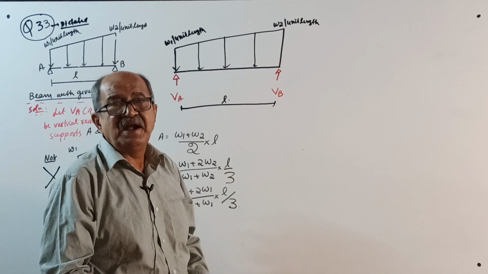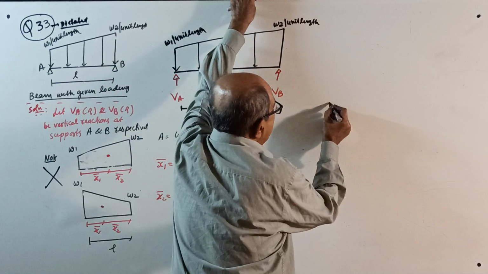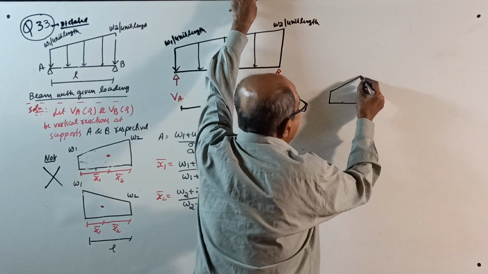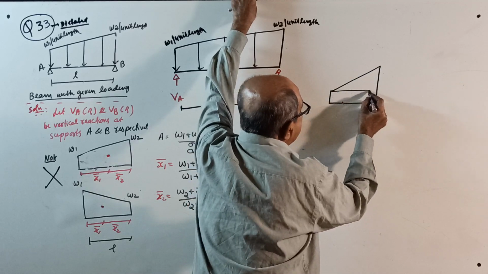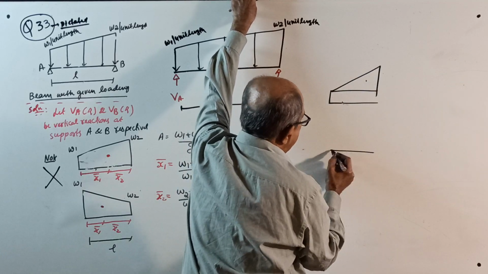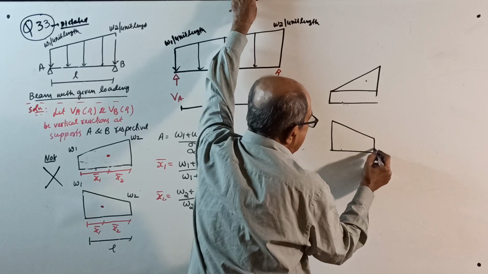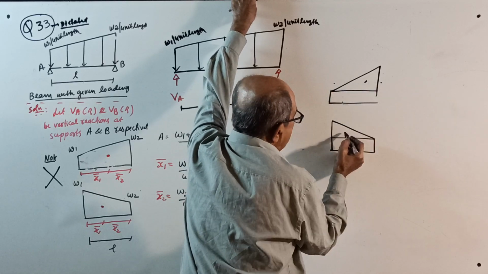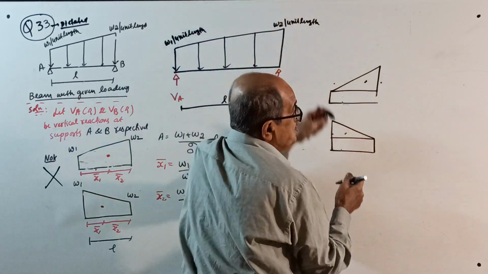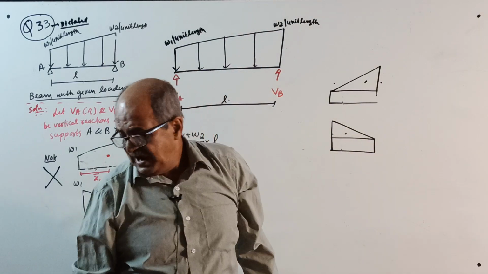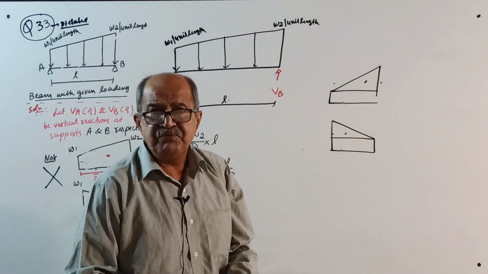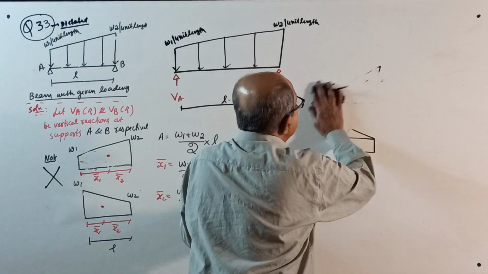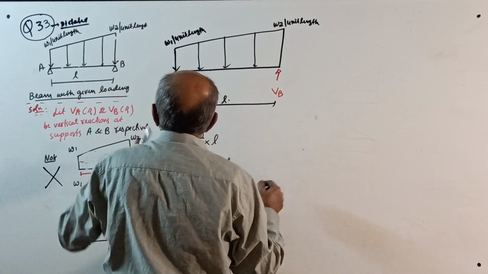If it is this way, the triangle will come this way, whereas if it is the other way, then for this triangle it is 2/3, 1/3, and for this one, 1/3, 2/3. So if you divide into rectangle and triangle, suppose you are afraid of the trapezium, then it matters. Otherwise, it does not matter.